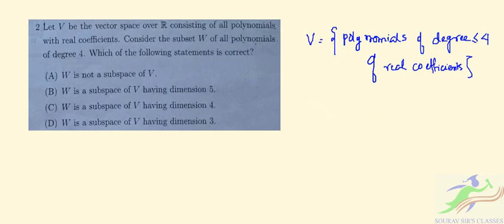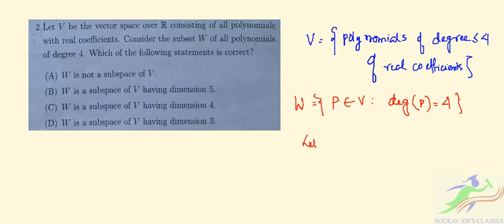W will be all P belonging to V with degree equal to 4, as already given.